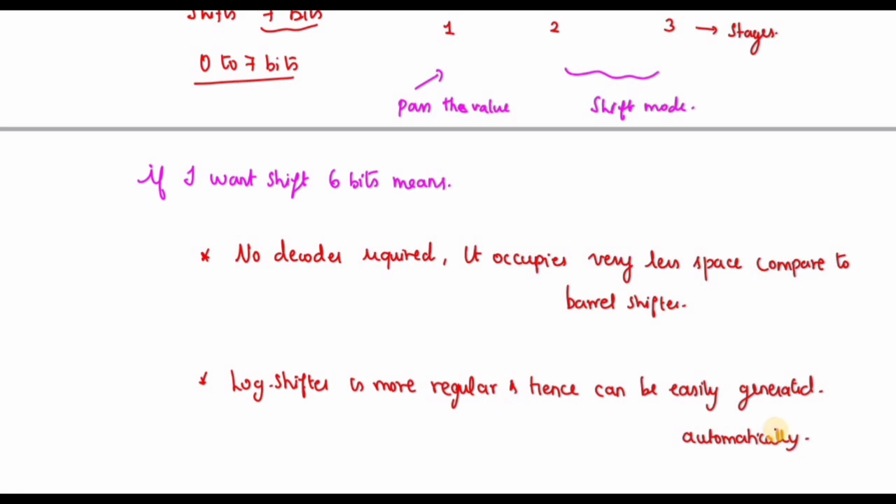Let us discuss the logic diagram of the logarithmic shifter with 7 bits. It is nothing but a right shifter. Here I have shown only the least significant bits, so let us take A3, A2, A1, and A0.